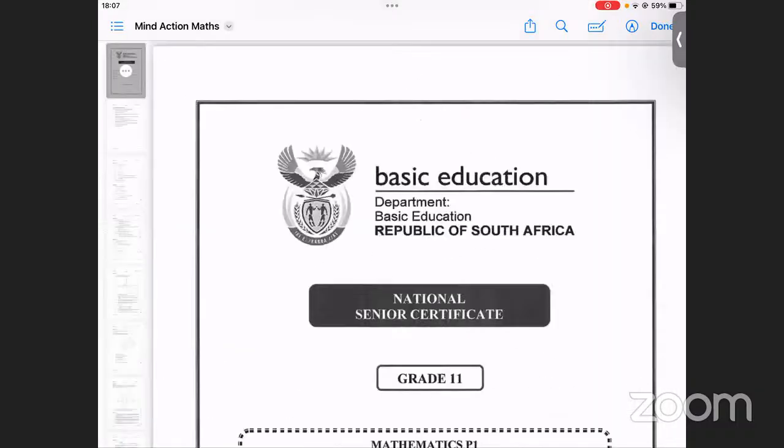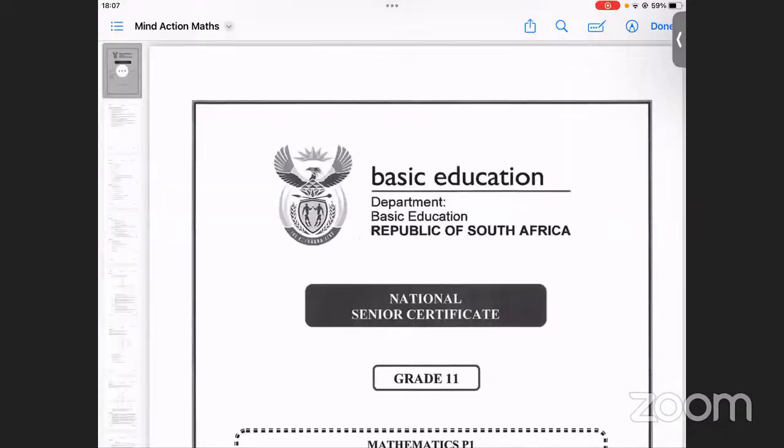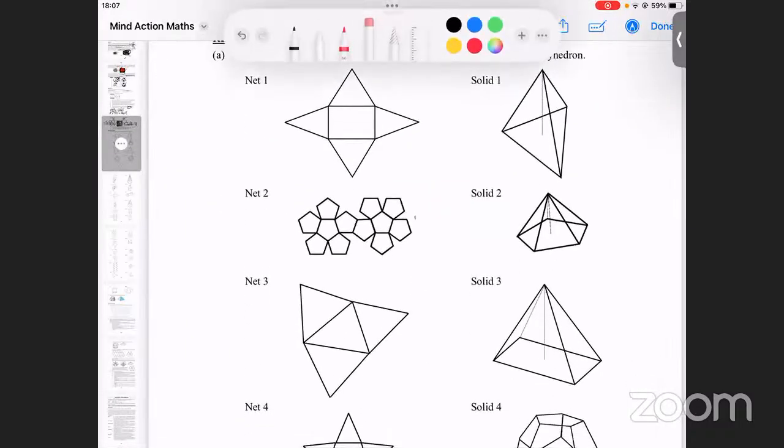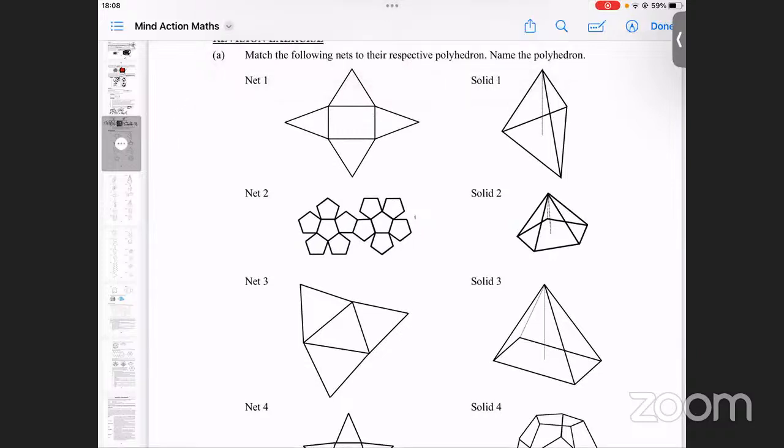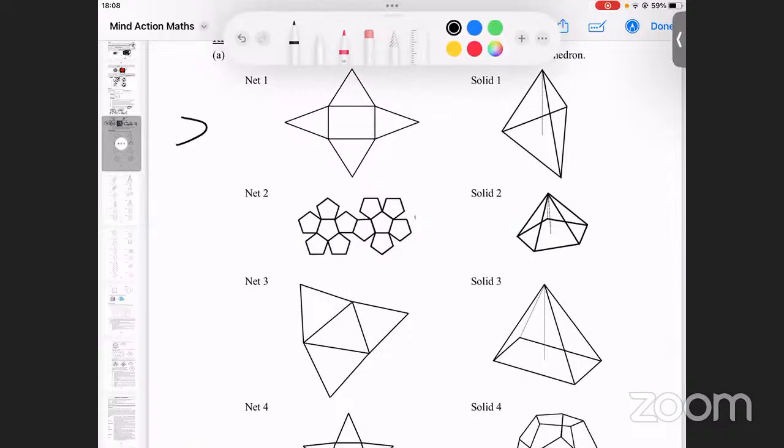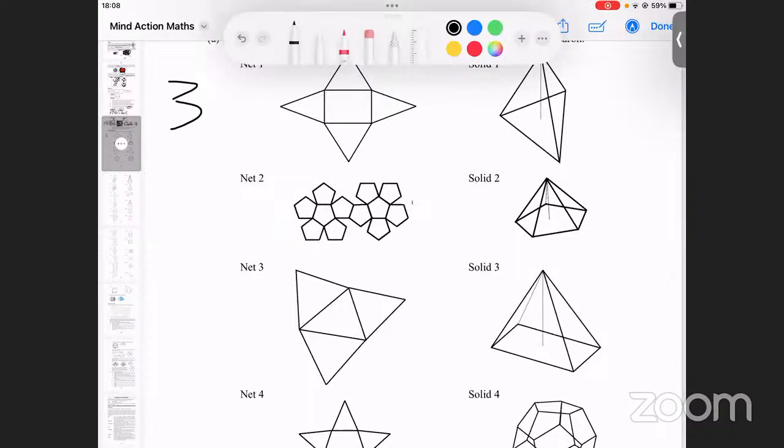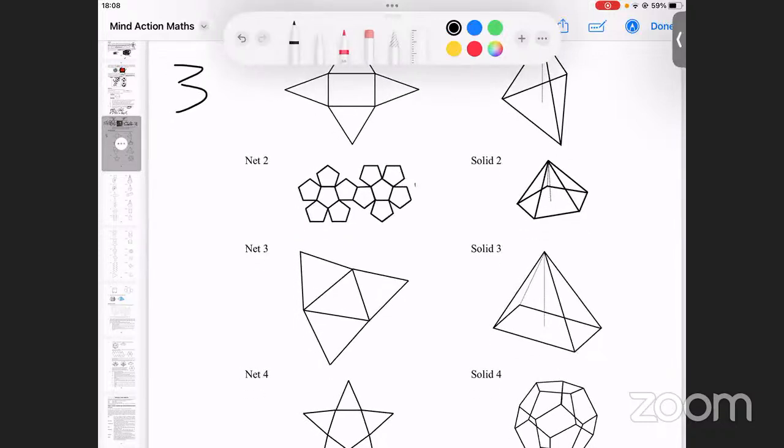Okay, this one is 3. Busisiwe, do you agree with that? Okay, cool. If she can't unmute, it's fine. Then we'll continue with solid 3.